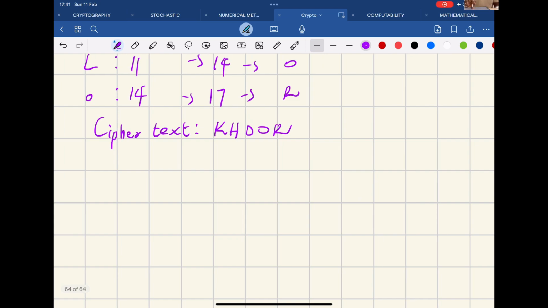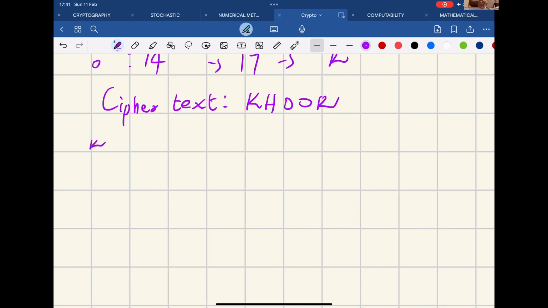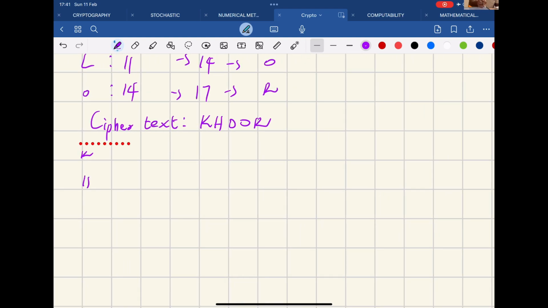Now, if I subtract 3 from K, H, O, and R, right? K corresponds to 10, H is 7, O is 14, and R is 17.